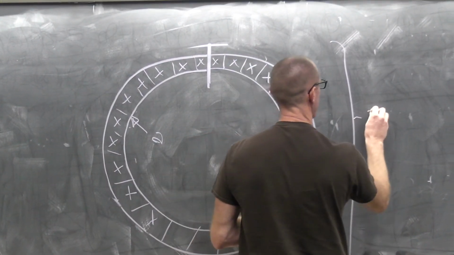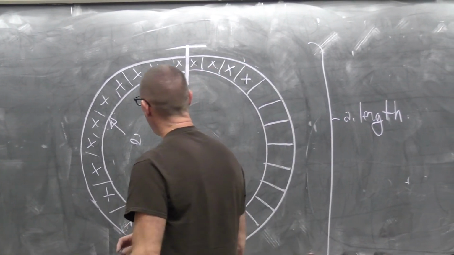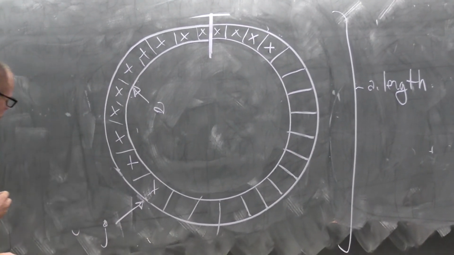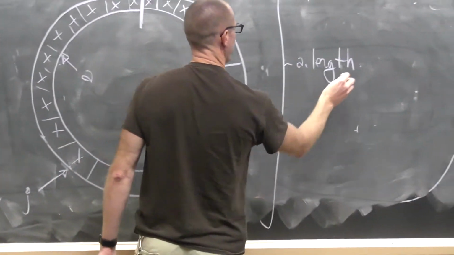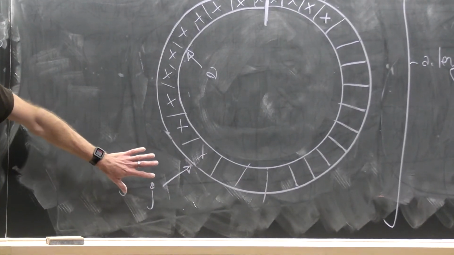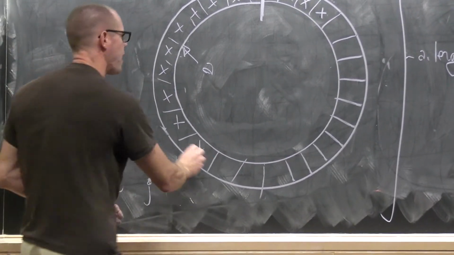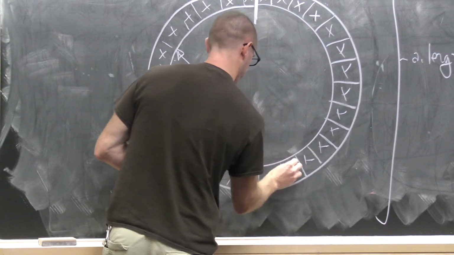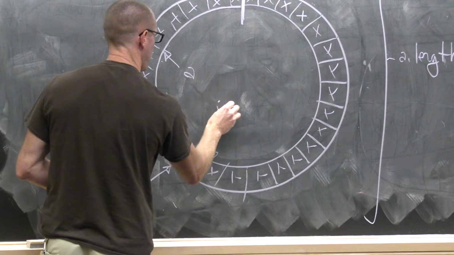The number of elements in this circular array is called a.length. And sometimes we may get to a state where n is equal to a.length. So what does this picture look like then? Yep. It's just full. There's x's, there's data everywhere.